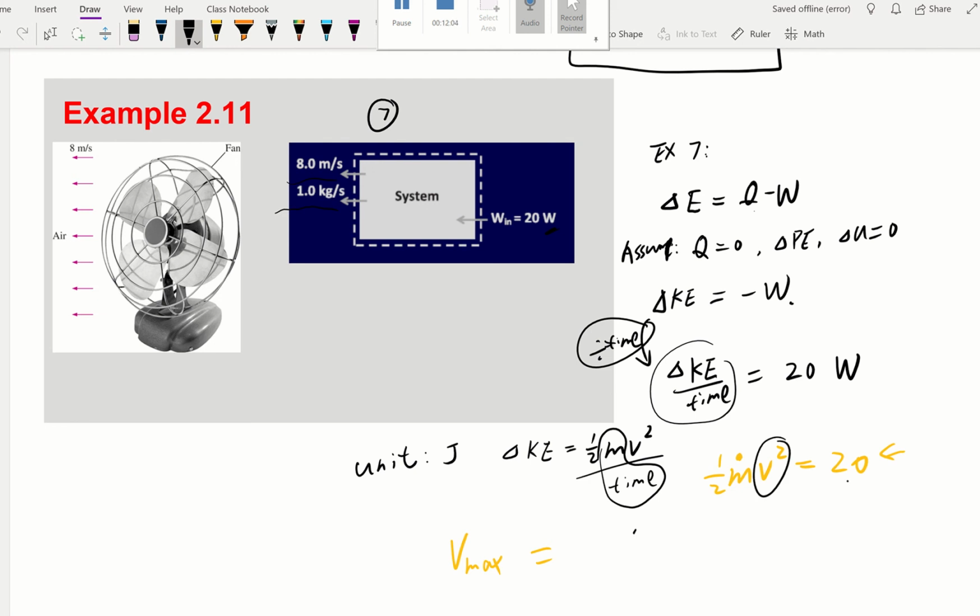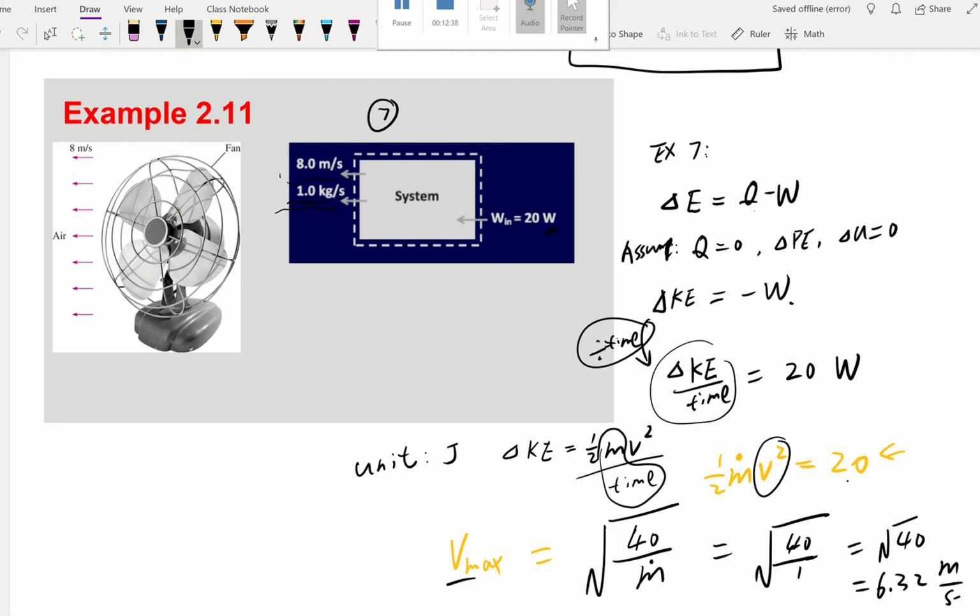I'm trying to solve for this V. So 40 divided by mass flow rate, and take the square root. 40 divided by my mass flow rate, which is 1 kilogram per second, is just the square root of 40. And what is the square root of 40? We'll have 6.32, and that's velocity, in meters per second.